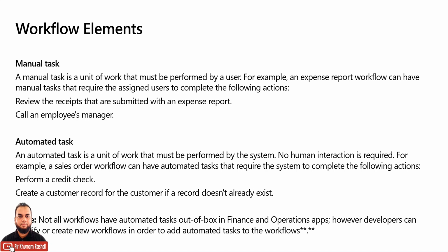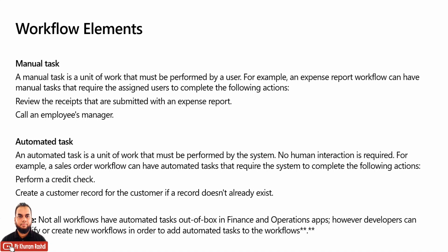And then what can be an automated task? That is a unit of work that must be performed by the system. No human interaction is required in that case. For example, a sales order workflow can have automated tasks that require the system to complete actions like performing a credit check on the customer, whether the company is exceeding a certain credit limit.